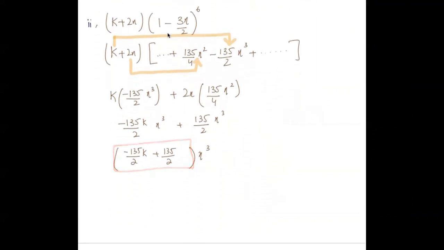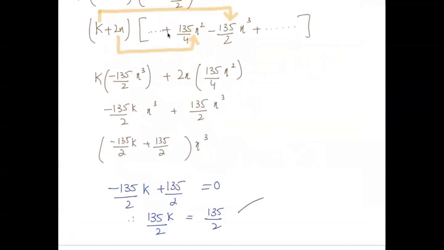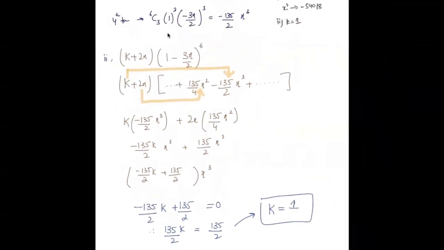Good. So you set this term equal to 0: minus 135 upon 2 k plus 135 upon 2 equals 0. If you solve this equation, what must be the value of k? 1. Just go over the working for the second part and let me know if there are any other questions.